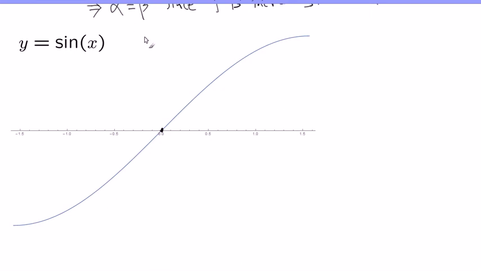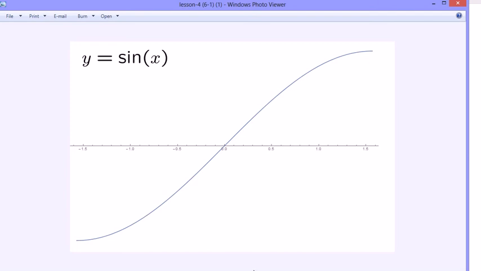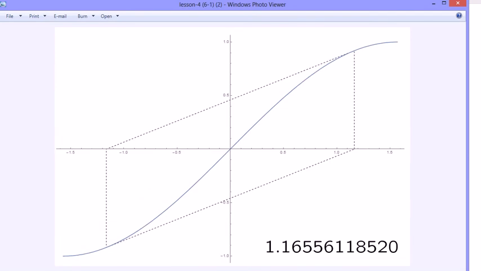And here's the number that I calculated. If you started at 1.16556118520, I will give you a better description of this number. It's an approximation. You go up there, the tangent line lands here, and from there you calculate x1, x2, x3, x4.